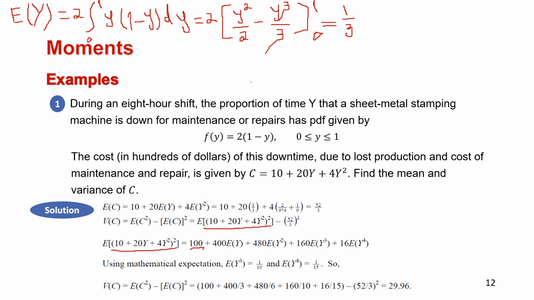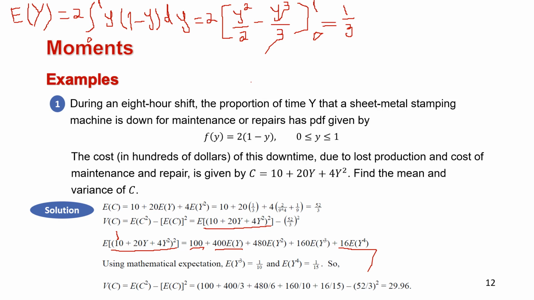The 10 square will be 100, and the 20y will be 400y square, and then we have 16y to the power 4.